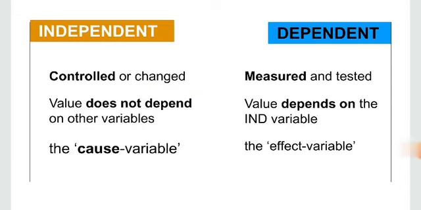Okay? Kumbaga ito yung input, ito yung output. Pag kinontrol ko ito, independent variable, what will happen to the dependent variable? The question, what will happen, masagot mo by measuring it in some way or by testing it, by testing the subjects.